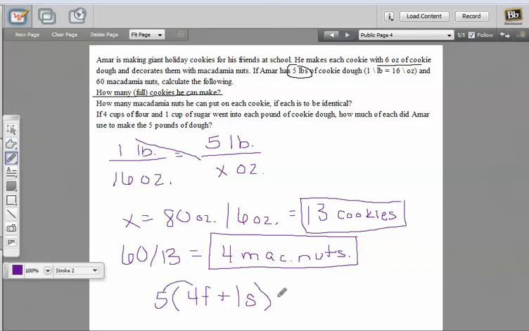So distributing, we would get 5 times 4 is 20 cups of flour, and 5 times 1 is 5 cups of sugar. And I'm going to sneak my cups in here so that we know the units of measure.